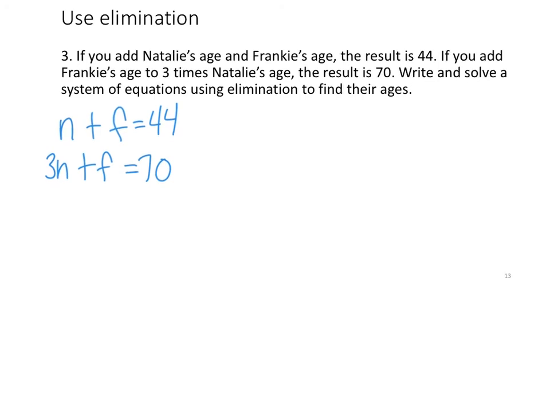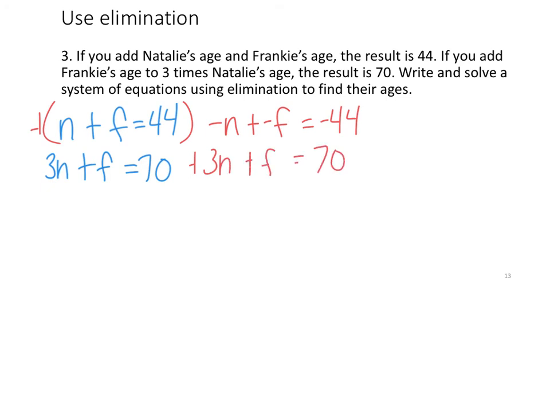I'm going to multiply the top by negative 1. So I have negative N plus negative F equals negative 44, plus 3N plus F equals 70.